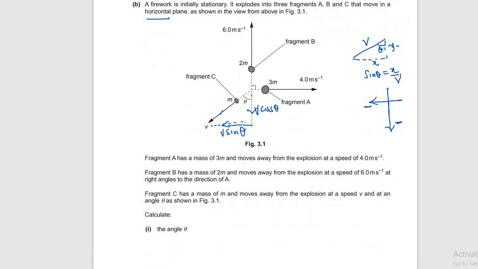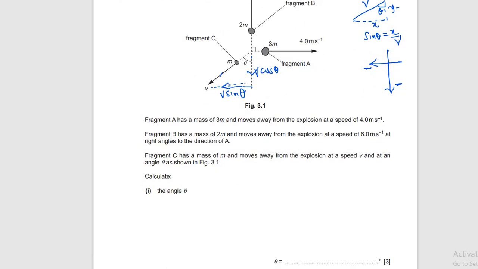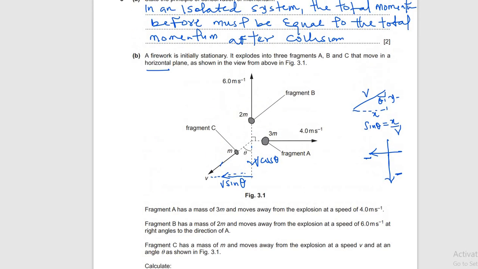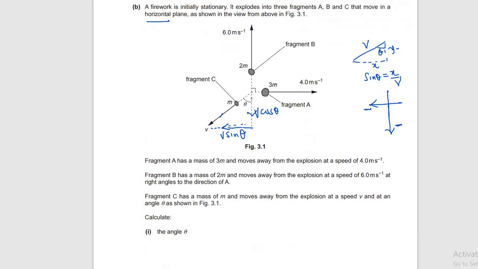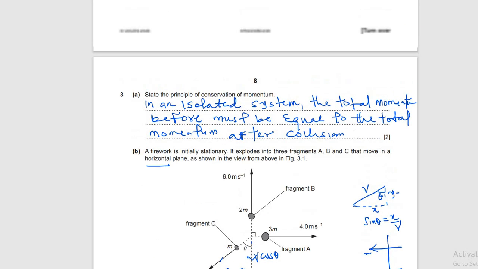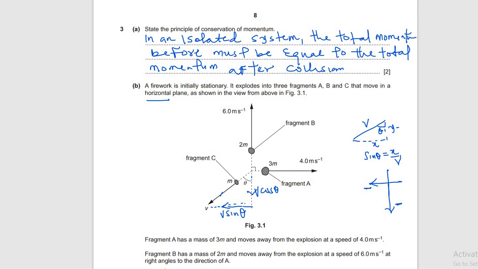Now I've resolved it. So what else do we need to consider in this question? Oh, the principle of conservation of momentum. Remember I said total momentum before collision equal to total momentum after collision. Now look at the keywords.